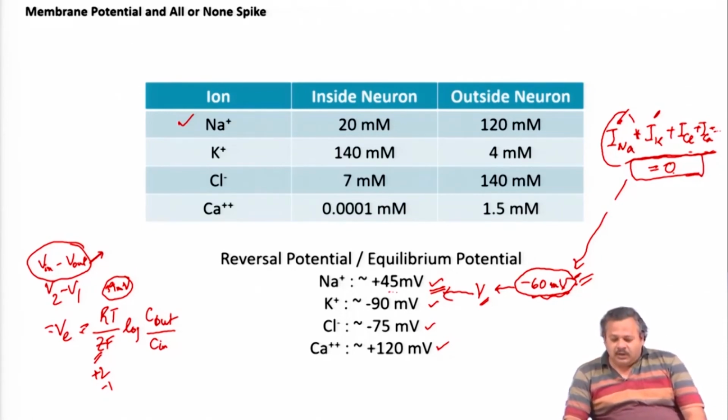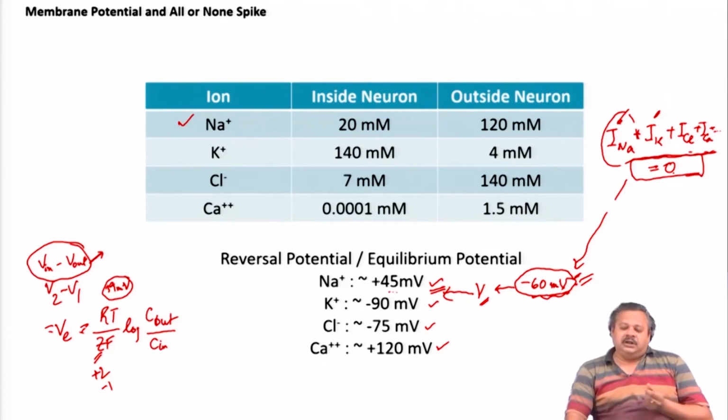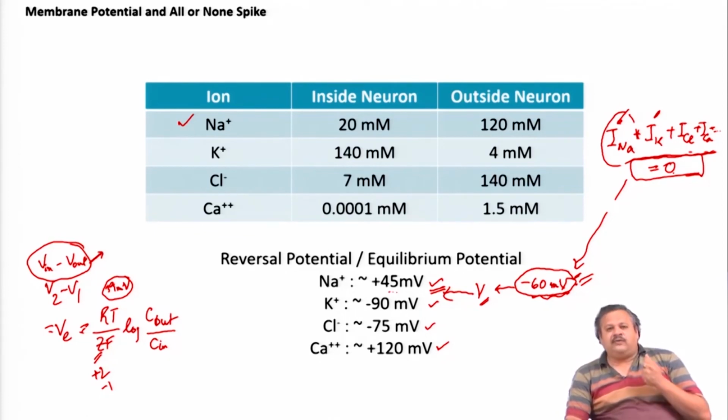So, the concept here is that we have a particular reversal potential or equilibrium potential for each ion, and this potential guides us to think of the way that particular ion will flow when the membrane potential is different from that equilibrium potential.